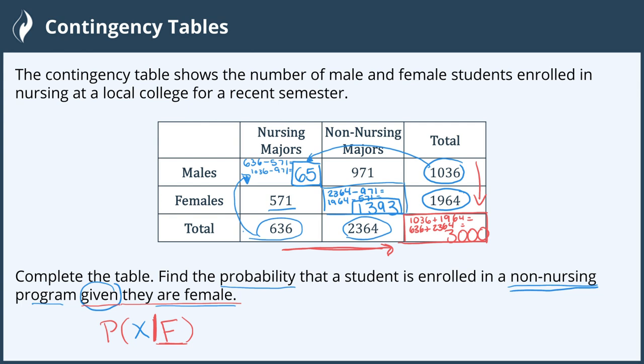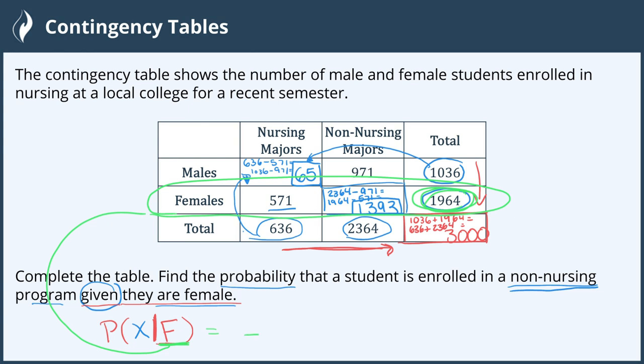Because I am looking for a probability with the conditional statement that it's given that the student is female, the only thing we need to look at is the female row. We don't need to look at anything else for this particular probability. And because we are only looking for the female row, we know that the total number of females is given to us as 1,964.